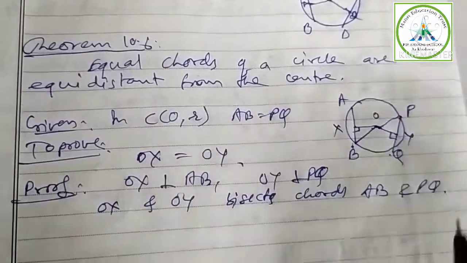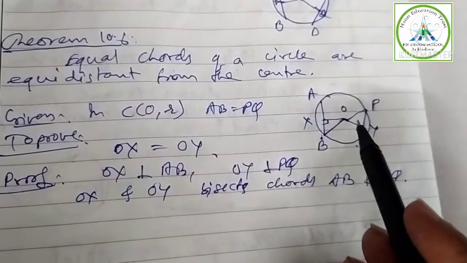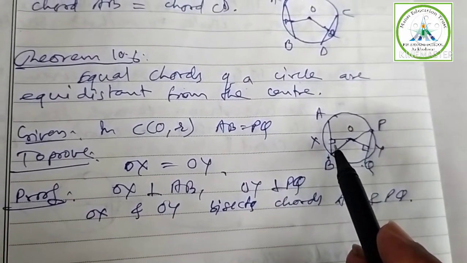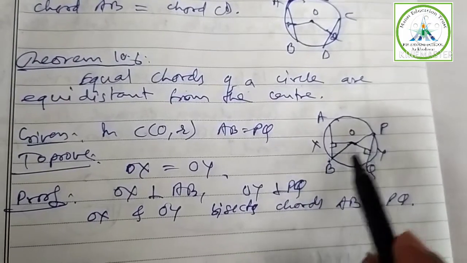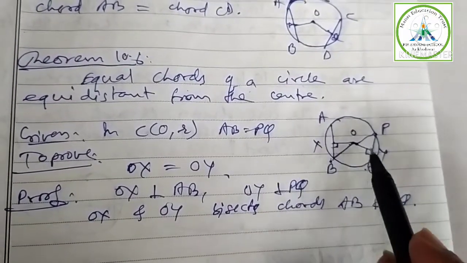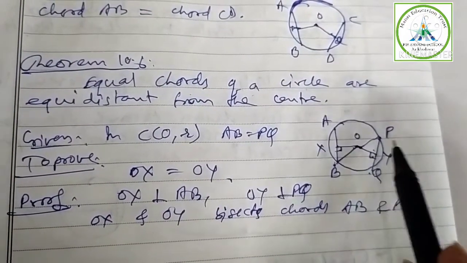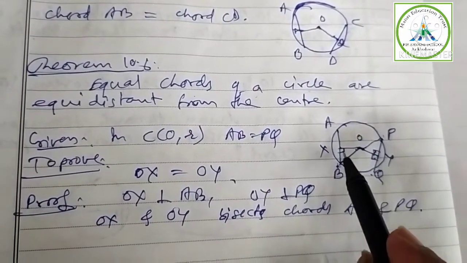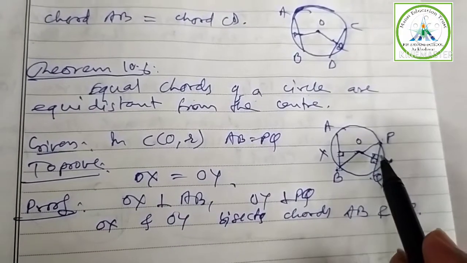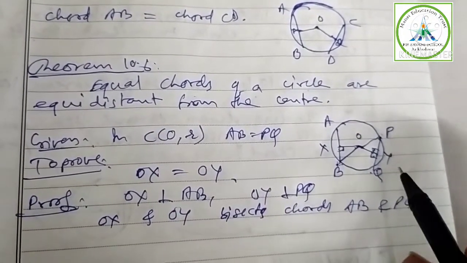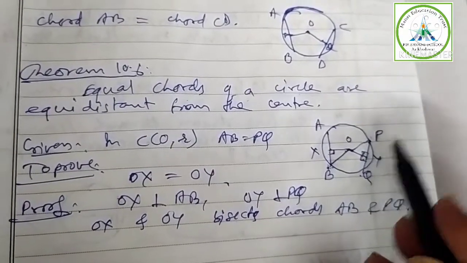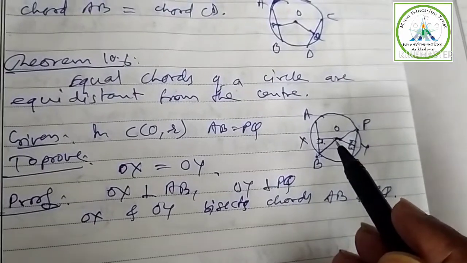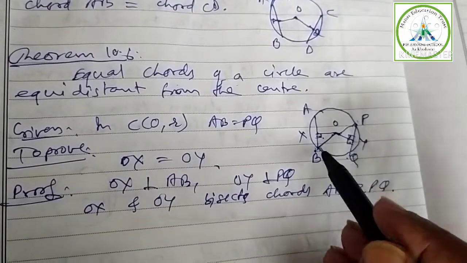Okay. Now see students, if I take triangle OXB and triangle OPY, in these triangles OB equal to OP, angle 90, so both are right triangles, yes or no? And AB equal to PQ, so half of AB equal to half of PQ, so XB equal to YP. So which rule of congruency is clearly visible? Right angle, hypotenuse and side.